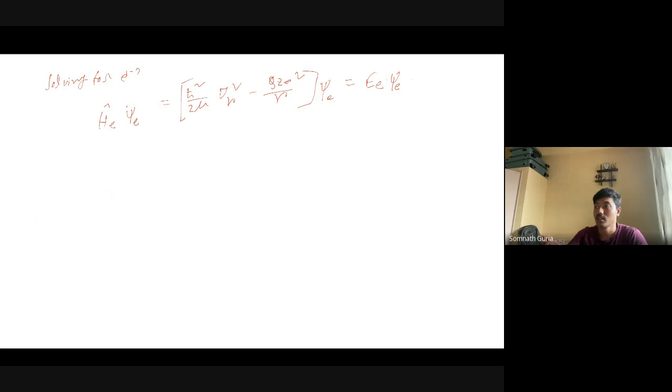This psi has coordinates x, y, z, so psi is a function of x, y, z, and del squared R is del 2 by del x squared plus del 2 by del y squared plus del 2 by del z squared, right?